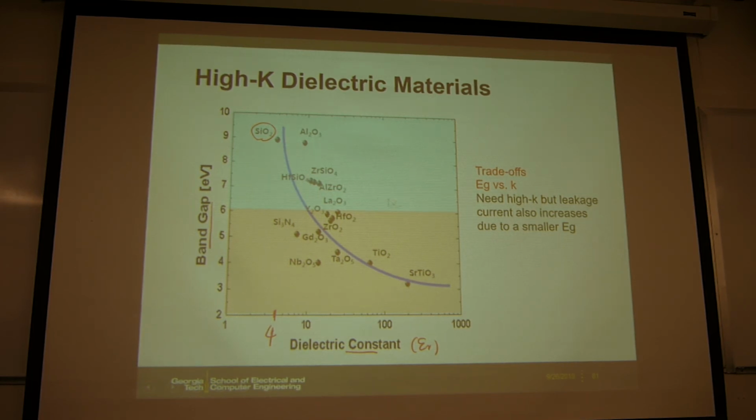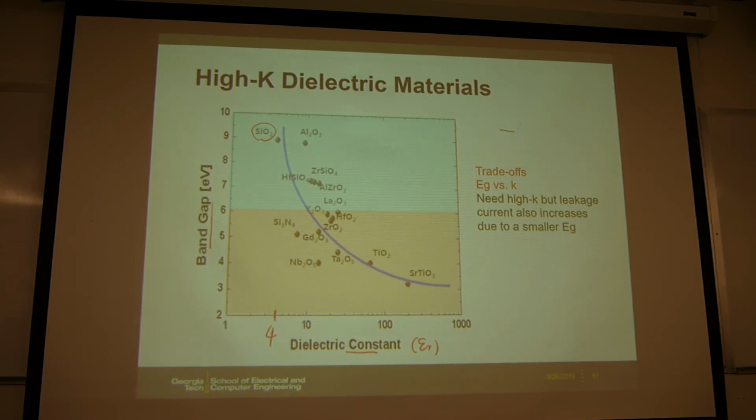However, there's a trade-off. So with higher K value, for example, here titanium dioxide, TiO2, maybe have 80 dielectric constant. The band gap is only like 3 point something or 4 eV, electron volts. Silicon dioxide is like 9 electron volts. So what does that mean? That means with those higher K value, the leakage current will increase.